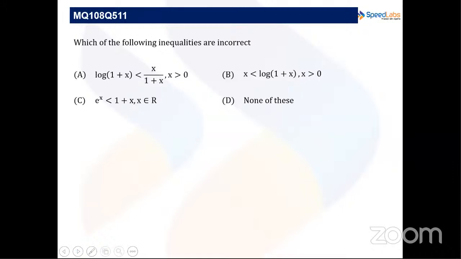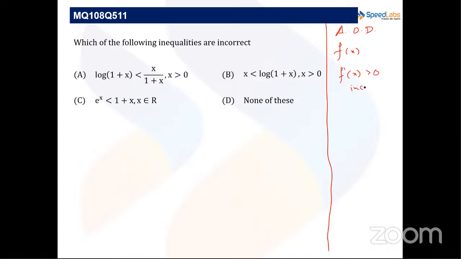Now we are asked which of the following inequalities are incorrect. How we are going to do this is, we know from applications of derivatives, if we have some function f(x) and we can find f dash x by differentiating it, and if f dash x is greater than 0, then this function is an increasing function, and for an increasing function f of x2 is greater than f of x1 for x2 greater than x1.